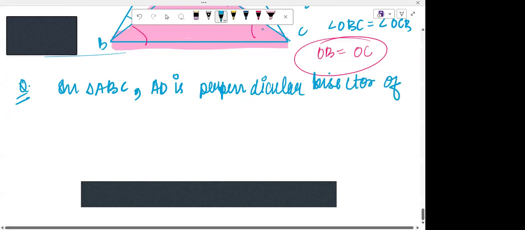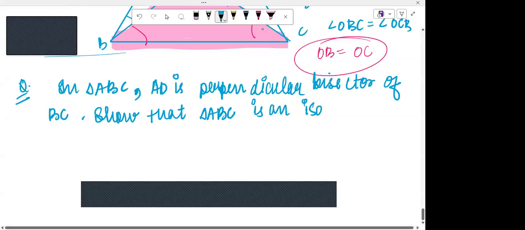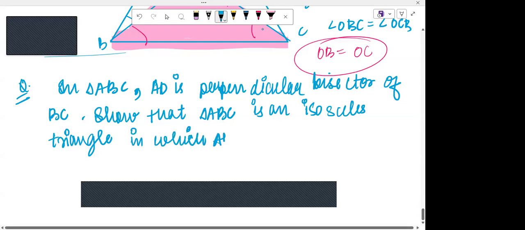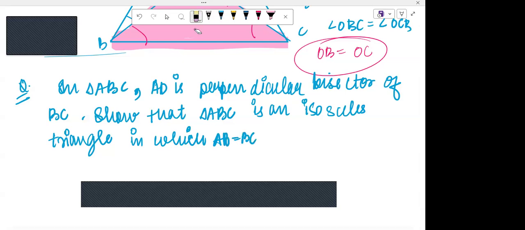Show that triangle ABC is an isosceles triangle in which AB equals AC.